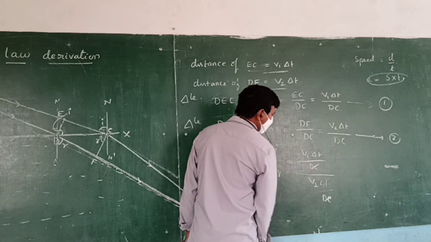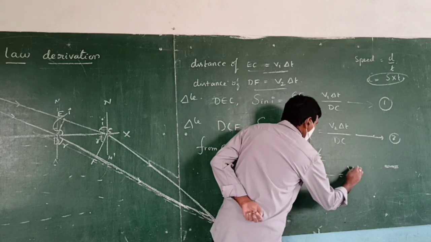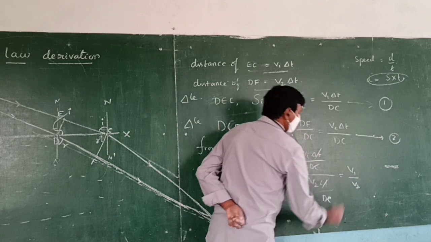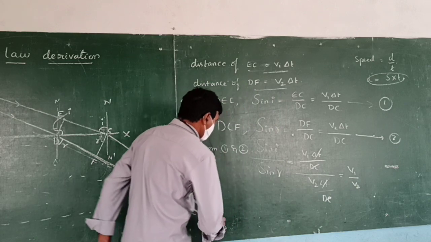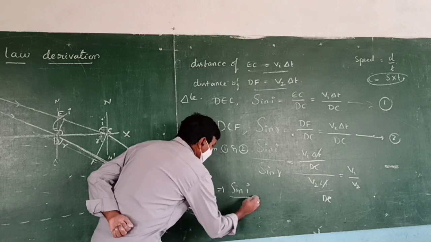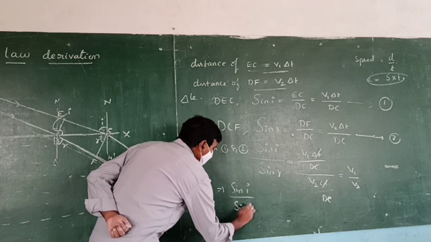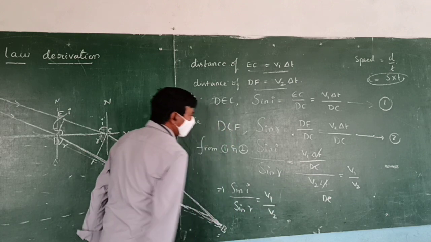So DC cancels and delta t also cancels, giving V1 by V2. We get the expression sine i by sine r equals V1 by V2.